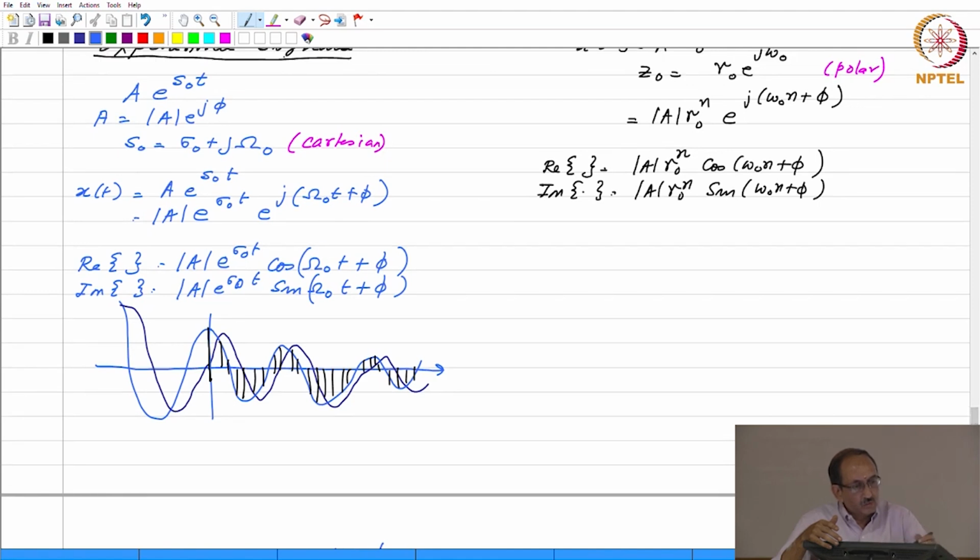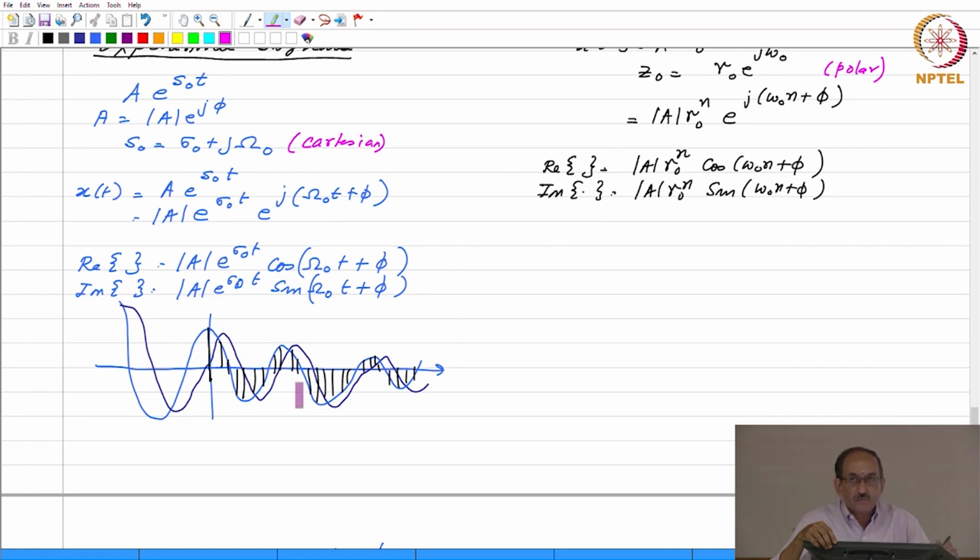So, here just to make sure everything is in place, this is an everlasting exponential. So, this goes from minus infinity to plus infinity, and if sigma naught were negative, for positive values of time the envelope will decay, whereas it will blow up for negative values of t. On the other hand, if sigma naught were positive, for positive values of t the envelope will be exponentially growing, whereas for negative values of t it will be decaying, and if sigma naught were 0 the envelope will be constant.